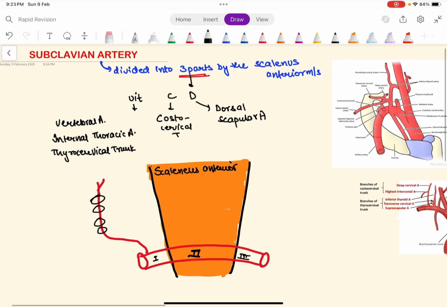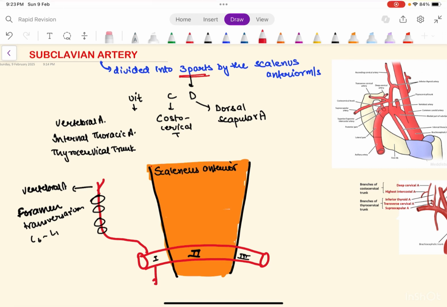Now you have to remember one thing here. This is the vertebral artery and it traverses the foramen transversarium from C6 to C1.